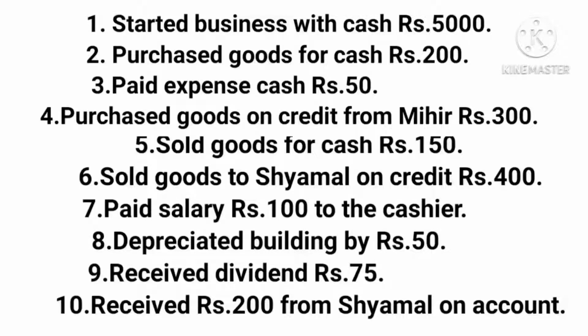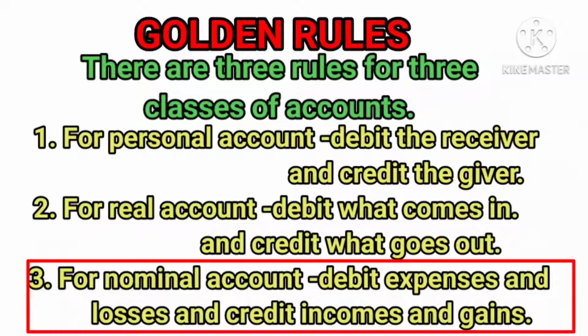Next, number 2, purchase goods for cash rupees 200. Here we see 2 aspects. One is expenses for purchasing goods and other is cash going out. Here purchase is expense and all expense to be debited, and cash is going out.